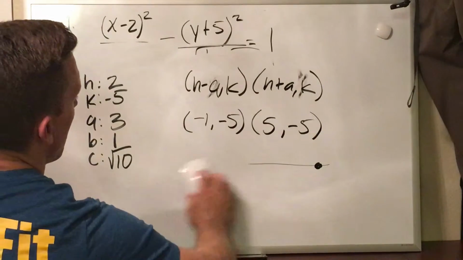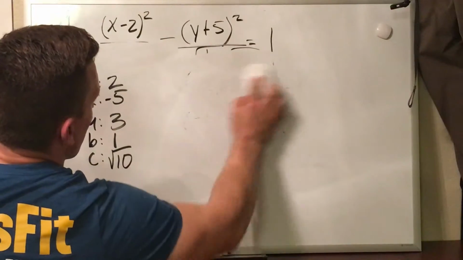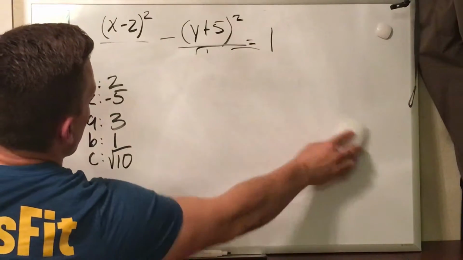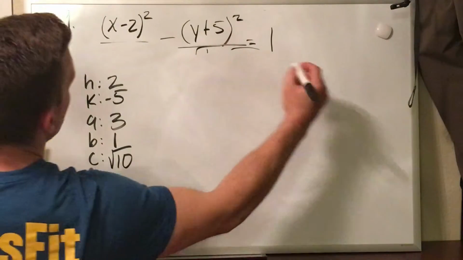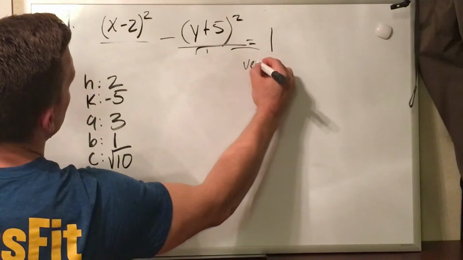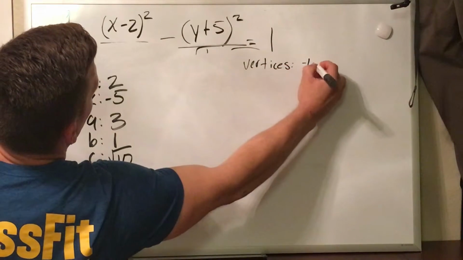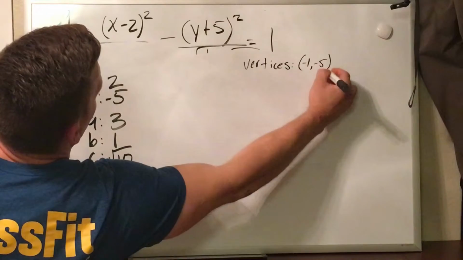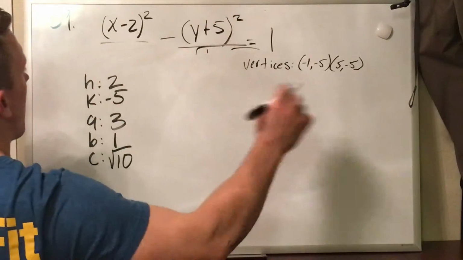The name, I'm not sure. Okay, so we have the vertices, negative 1, negative 5, and 5, negative 5.